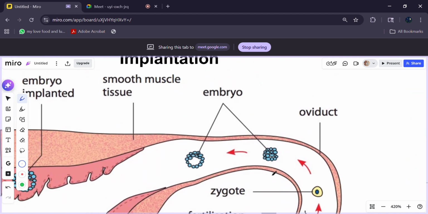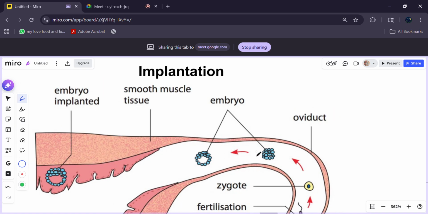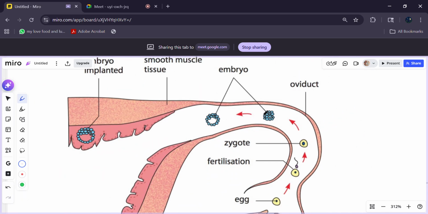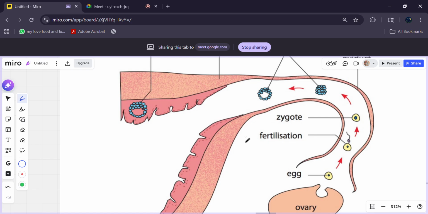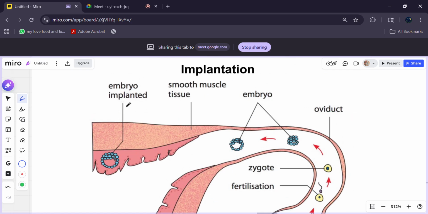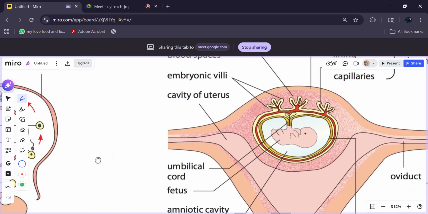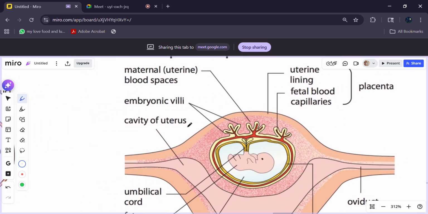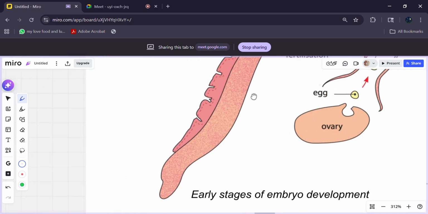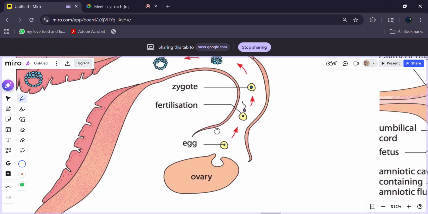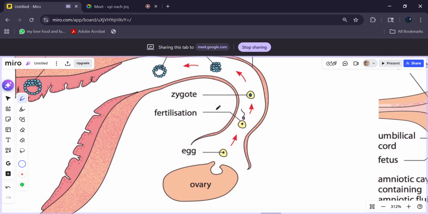The cellular lining of the inner surface of the oviduct sweeps the fertilized egg, the zygote, along the oviduct. Yes, this is true.